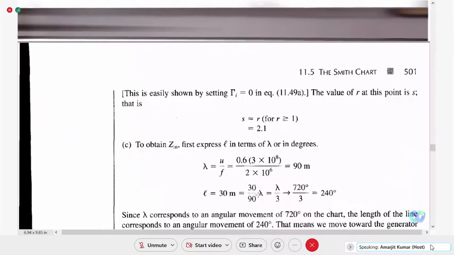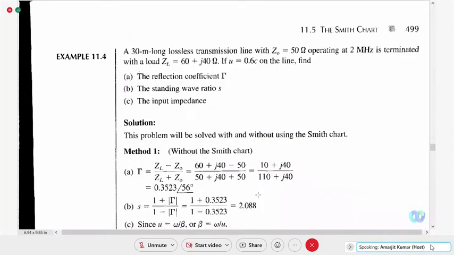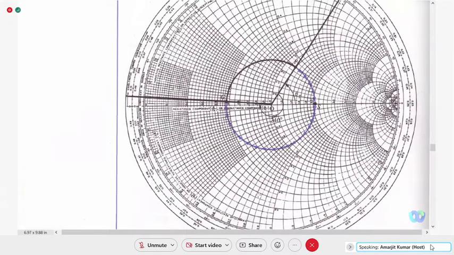Lambda is 90 meter and the length of the line is 30 meter. So L is equal to lambda by 3, one third of the wavelength.